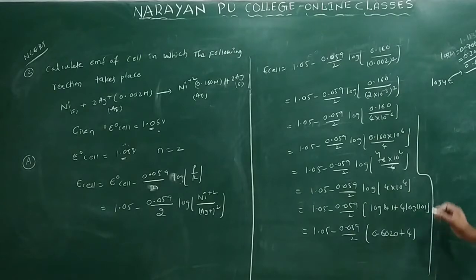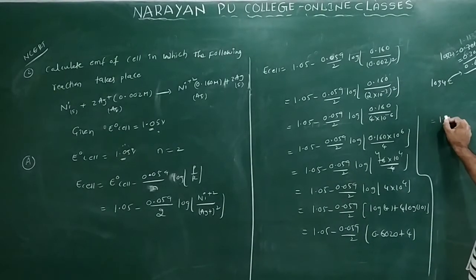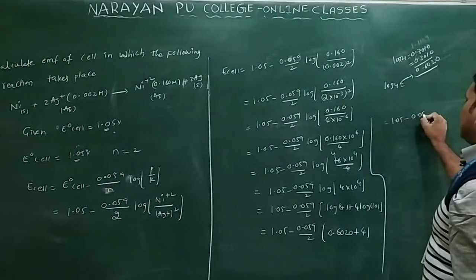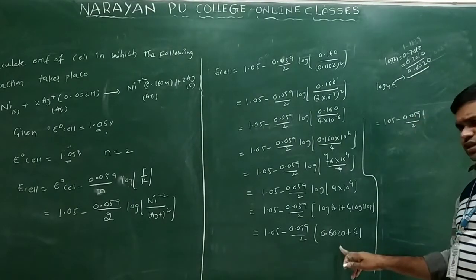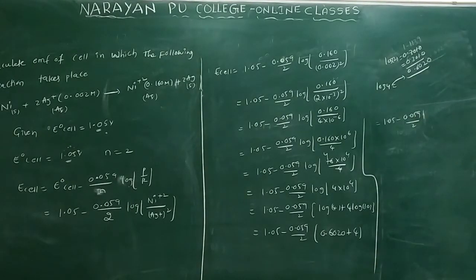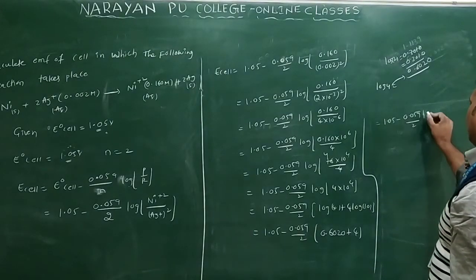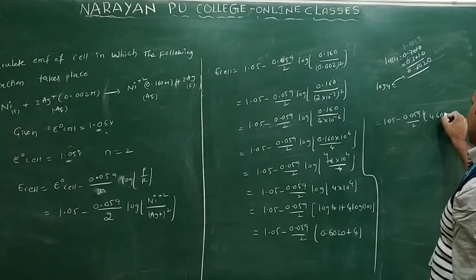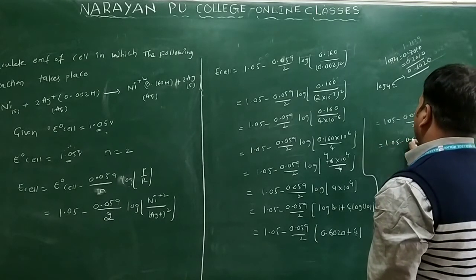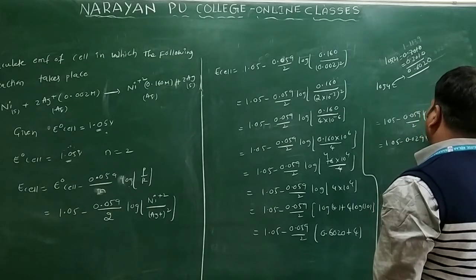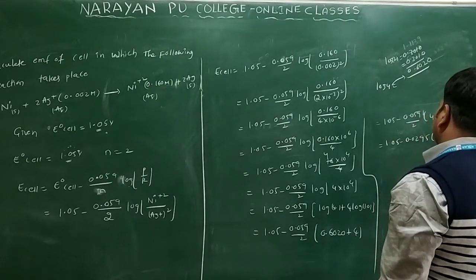Now the next step. You will write 1.05 minus 0.059 by 2 into the value, which is 4 plus 0.6020, so you will get 4.6020 only. You will get 1.05 minus 0.0295 into 4.6020.